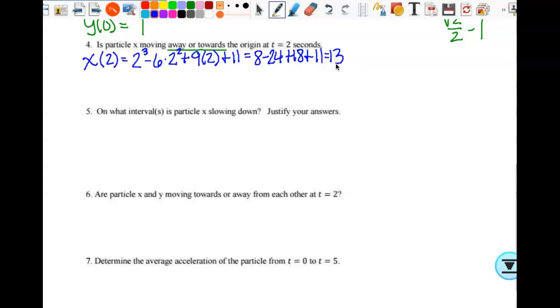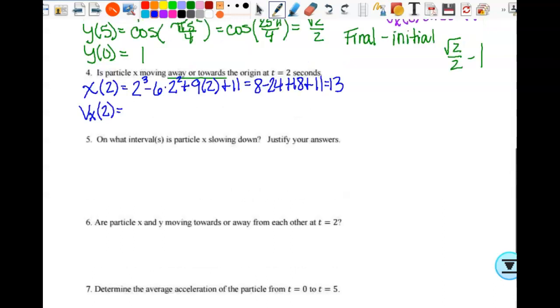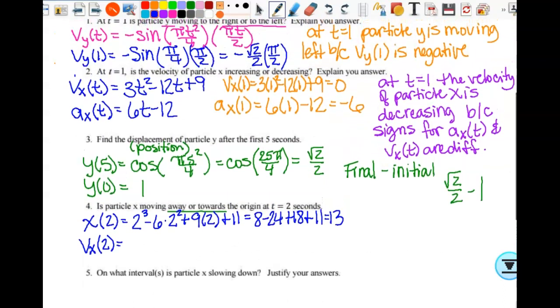What else do I need? I need velocity for particle X. That's 2. Do I have the velocity function already? We did find that, right? Okay. No, just velocity in general. Oh, it's right there.